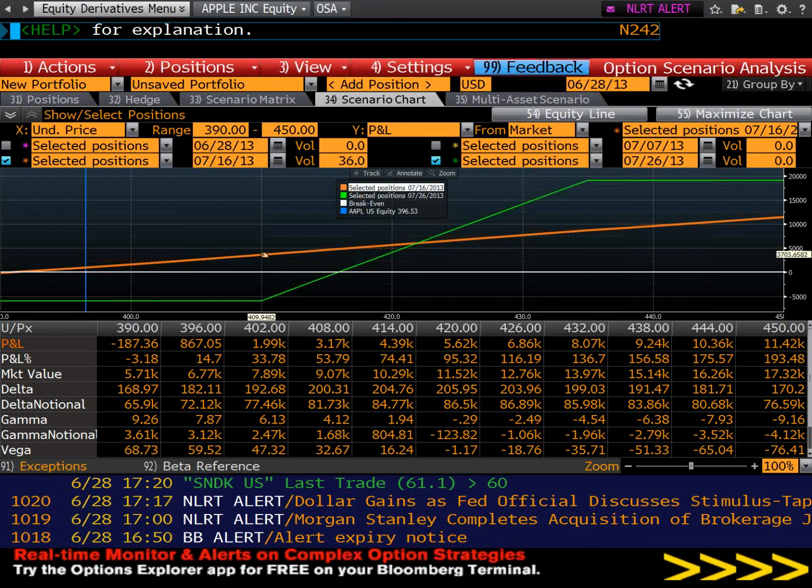That's simply a function of the fact that the implied volatilities of your 410s, even though the 410s are still out of the money, right? They have no intrinsic value because the stock is still at 409 or 410. Those volatilities have expanded so much that they will give you a profit, despite the fact that the same volatilities have expanded on the 435s, but since the strike price is so much further away, the change in the delta is not going to be nearly as much.